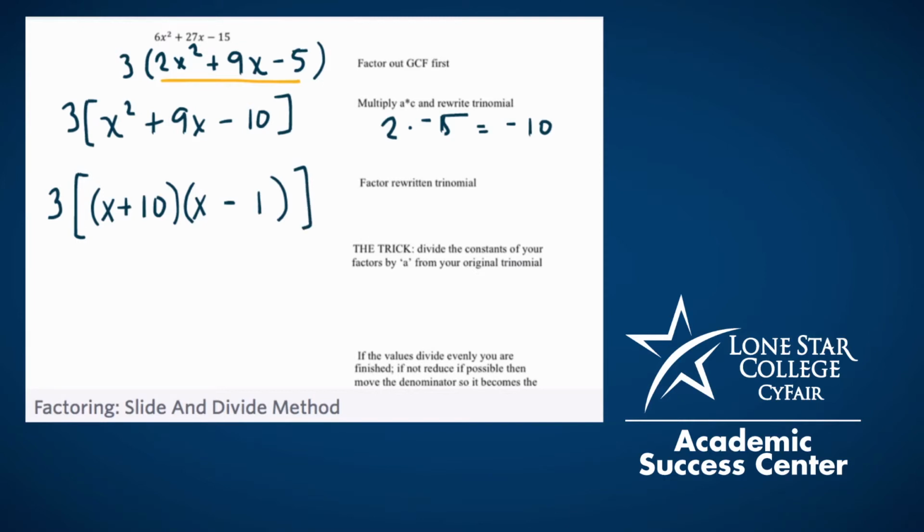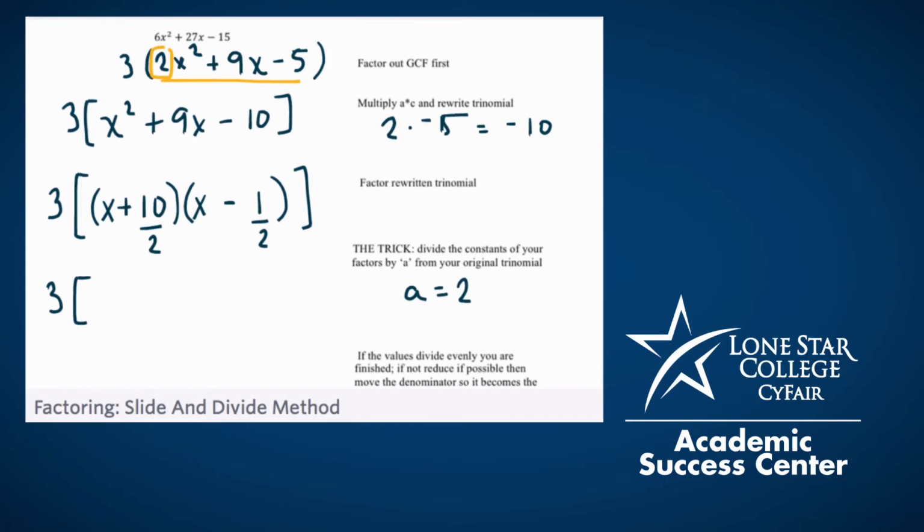And now the next step is the trick. Remember, you go back to the a of the original trinomial that we were factoring, which for us is 2. And you're going to take that a and divide both constants of our factors by that a.